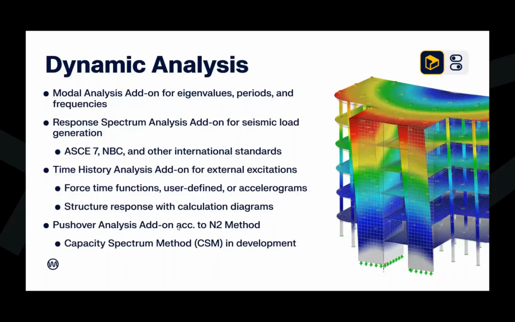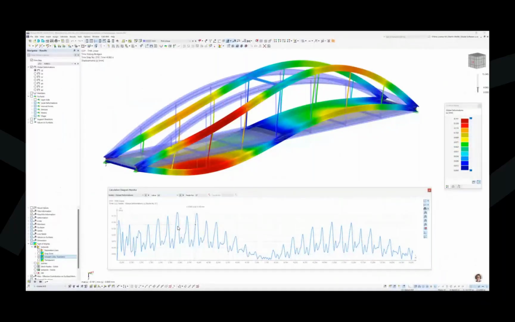I'll go ahead and jump to the next slide quickly just to take a look at this. Something like a pedestrian bridge, for example, this was done to emulate somebody walking across this structure. We can always view the response at other parts of the structure, so a particular node or a particular member. Maybe we want to look at the deformations over time, the accelerations. You can create multiple calculation diagrams for this time history analysis and the result output.